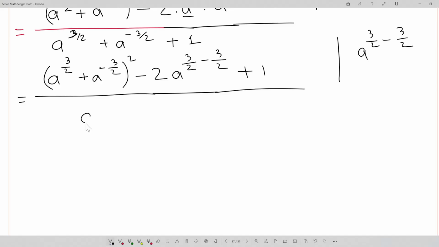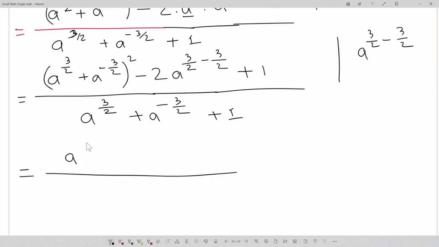And the denominator will be still unchanged, a to the power 3 by 2 plus a to the power minus 3 by 2 and plus 1. Next, here is a to the power 3 by 2 plus a to the power minus 3 by 2 whole square minus 2 times, here 3 by 2 minus 3 by 2 will be 0, so a to the power 0 and here plus 1.